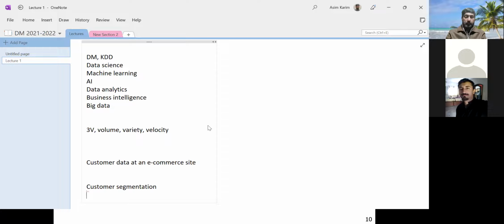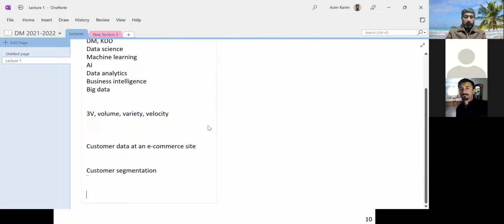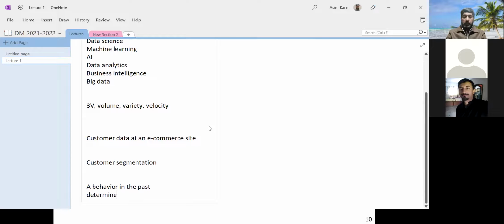Just one quick example, again taking this analogy of a customer data set in e-commerce. Based on a particular customer A's behavior in the past, you want to determine whether A would purchase, and I'm giving a very specific example, a washing machine.